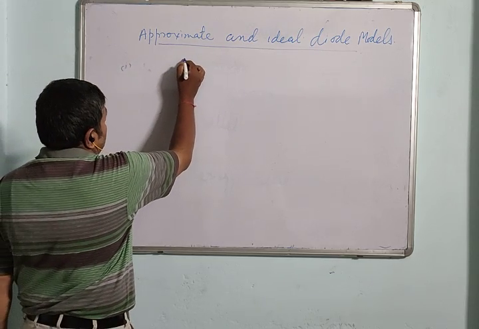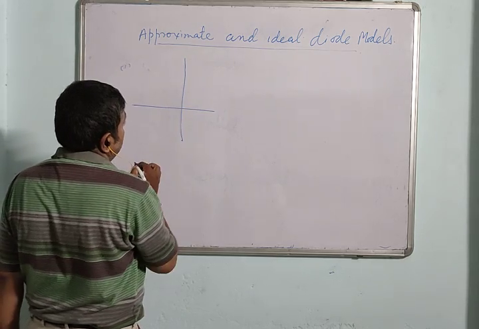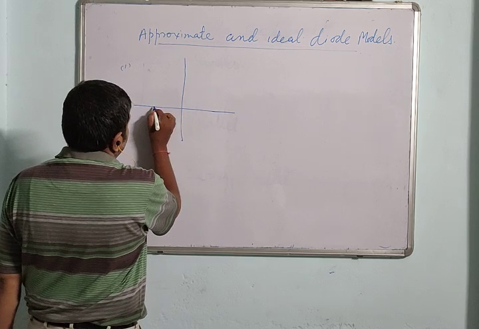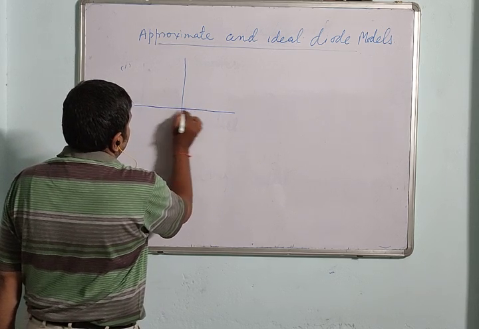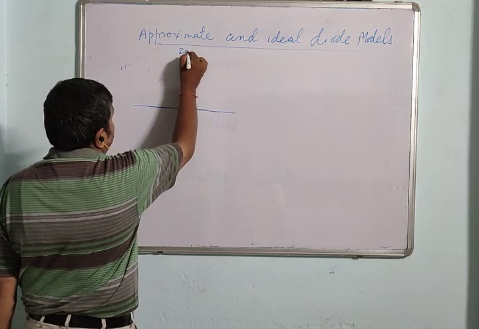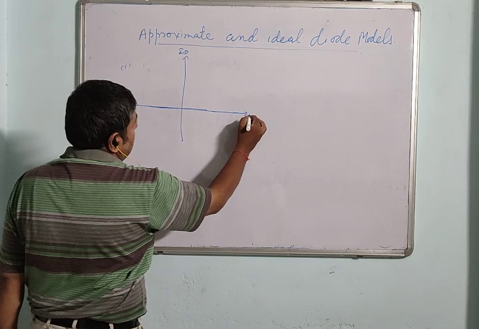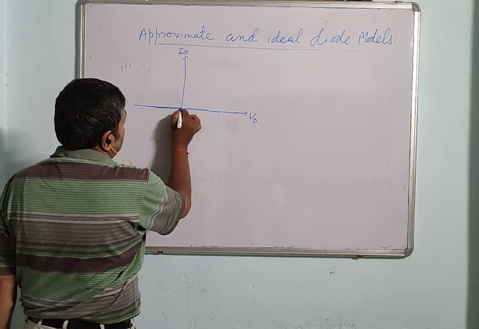In approximate diode model, first you can see this diode characteristic. Here in reverse bias, current is 0. On y-axis you have current, and on x-axis you have diode voltage.